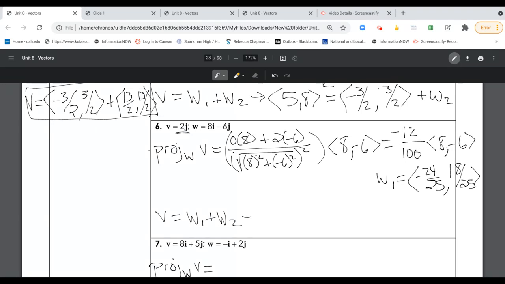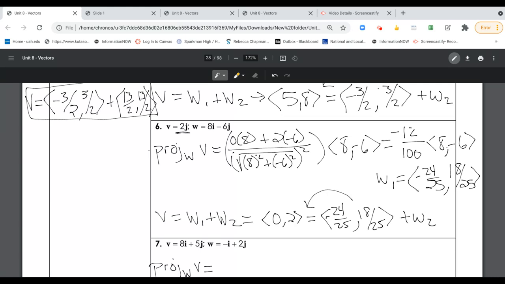So to break this down, I need to find V2. I'm going to take 0, 2 and set that equal to negative 24 over 25, 18 over 25 plus vector 2.